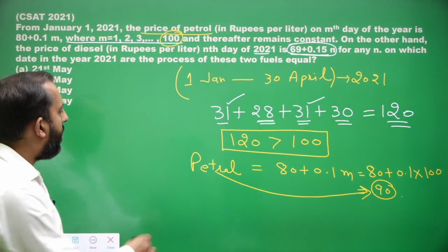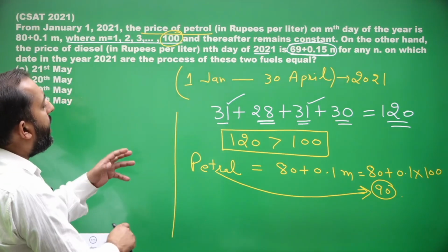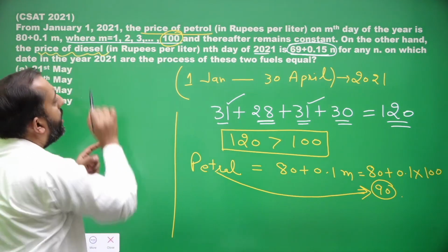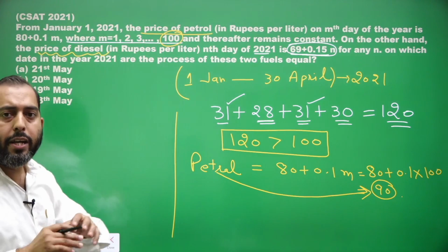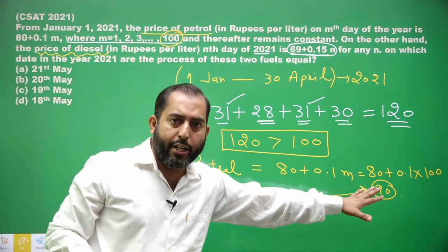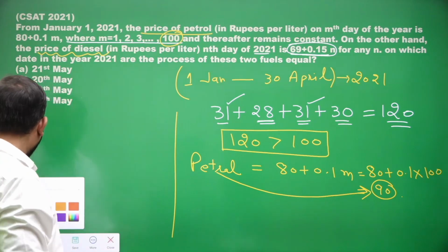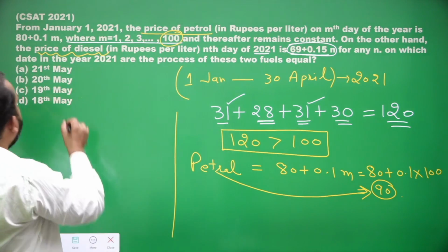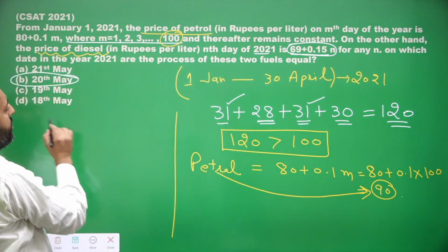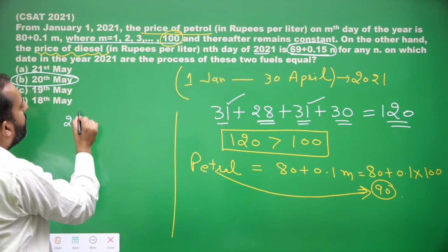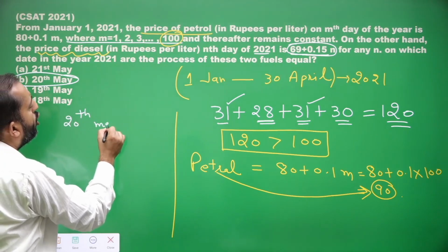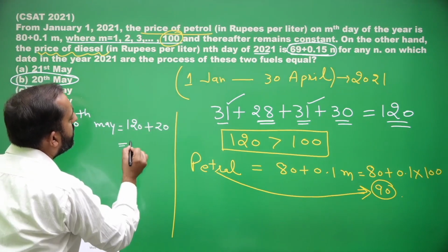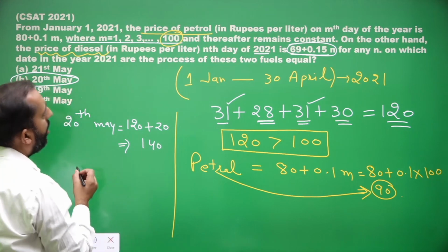Okay. Now, let's find out where the price of diesel will be 90 only. Now I know till 30th April, the number of days is 120. So let's go for 20th May. Till 20th May, the total number of days will become 120 plus 20, which is 140 days.